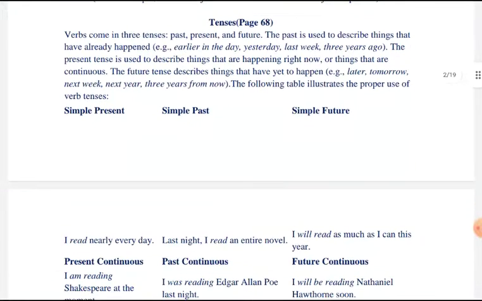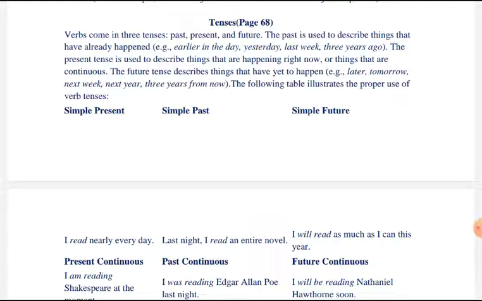Tenses. Verbs come in three tenses: past, present and future. The past is used to describe things that have already happened. Example: earlier in the day, yesterday, last week, 3 days ago. The present tense is used to describe things that are happening right now or things that are continuing or continuous.